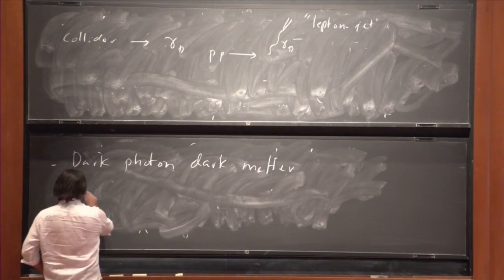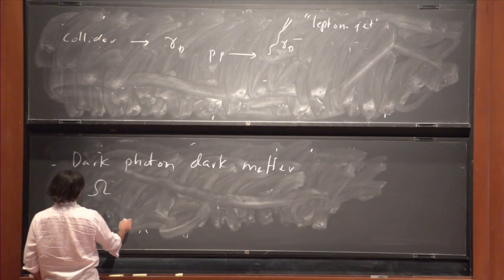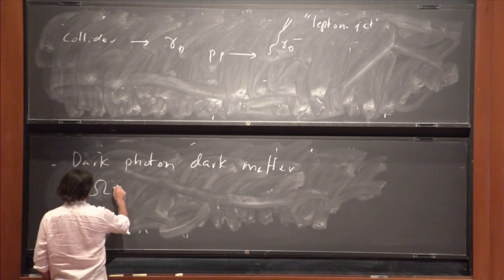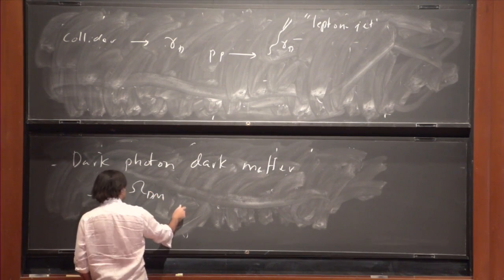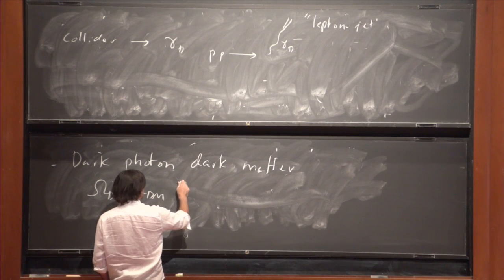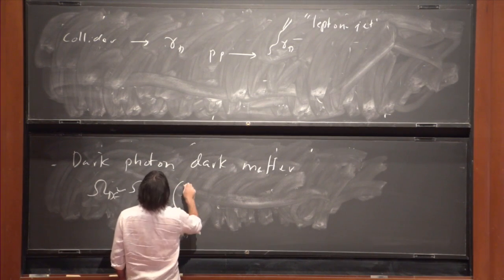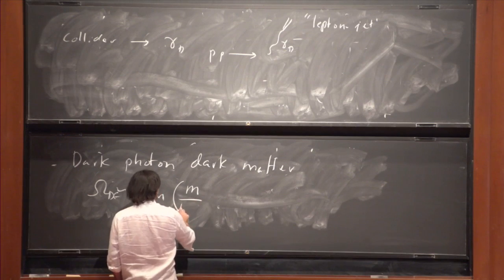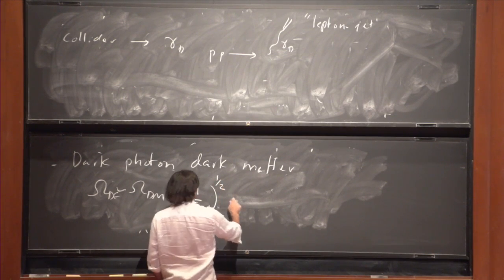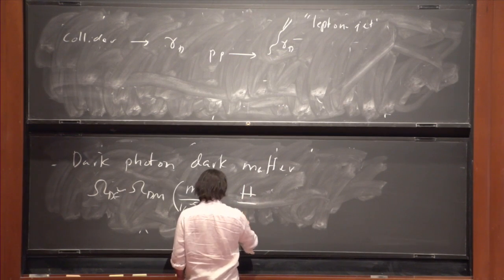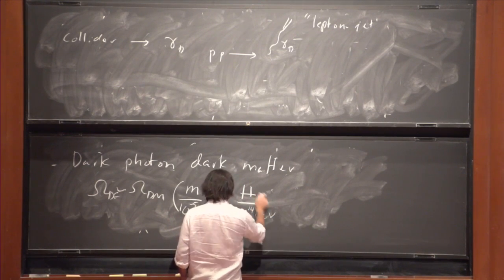But the expression that you get is something like omega dark matter can be something like the omega of the dark photon can be something like what you want times, make sure I get the scaling right, m over 10 to the minus 5 eV, I think, times h over 10 to the 14 GeV.